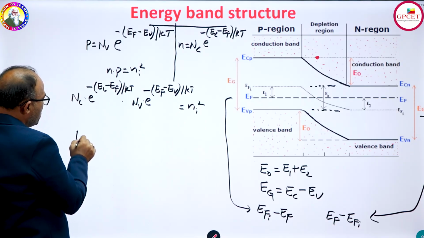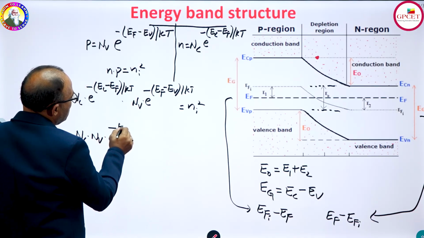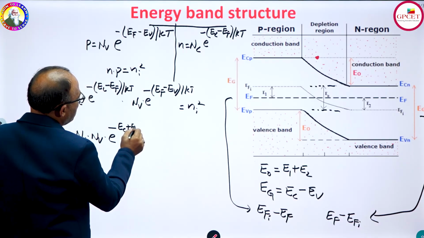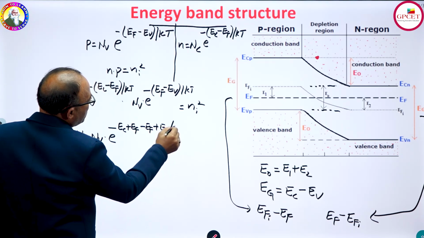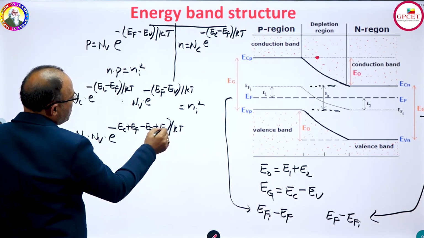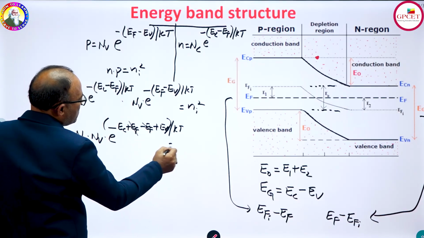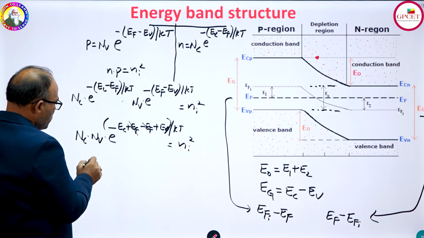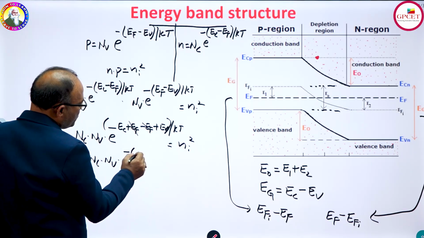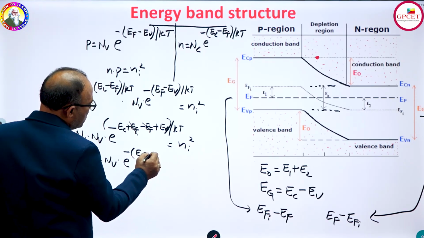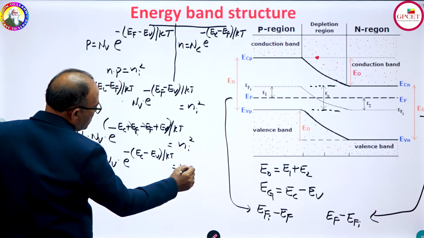So it is equal to NC into NV into e power minus of EC plus EF minus EF plus EV divided by KT. Therefore, here EF gets cancelled. That is equal to Ni square. So NC into NV into e power minus of, taking minus common, EC minus EV divided by KT, is equal to Ni square.